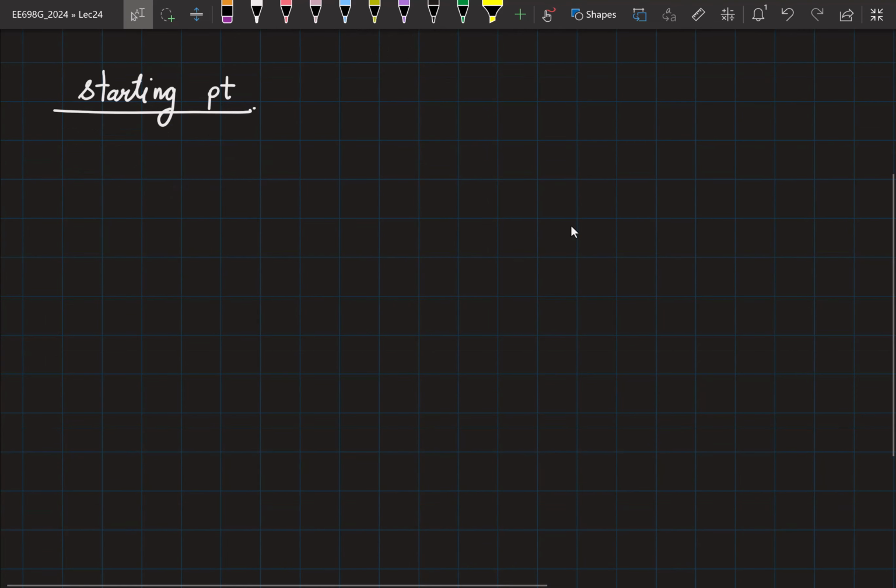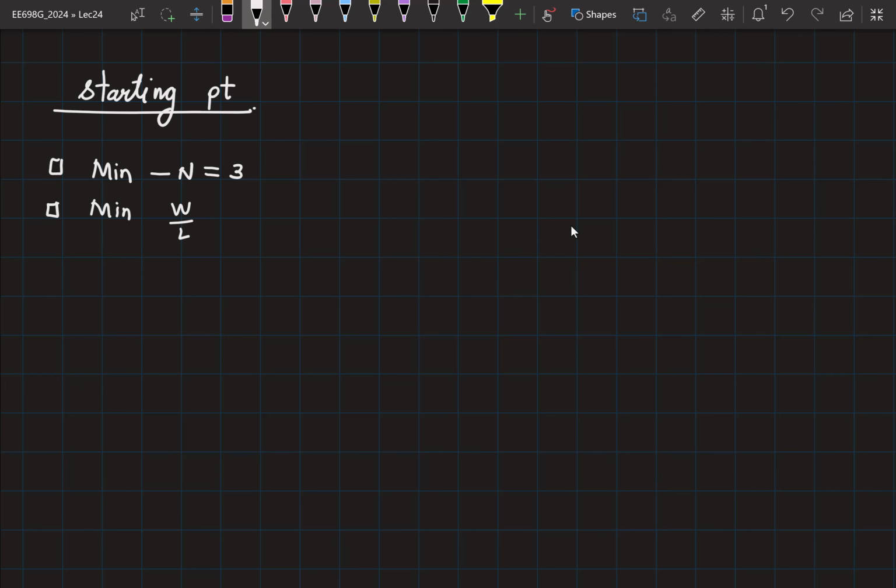We chose n to be the minimum value, right? So we chose n to be equal to 3. Then the second decision we made was we started off with minimum W by L for both NMOS and PMOS. Then we accounted for all the load capacitances.